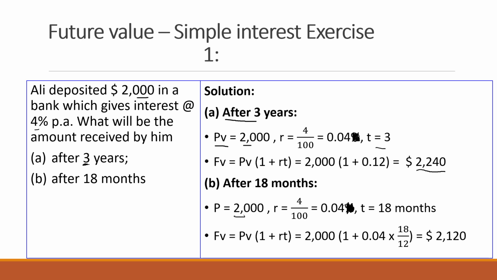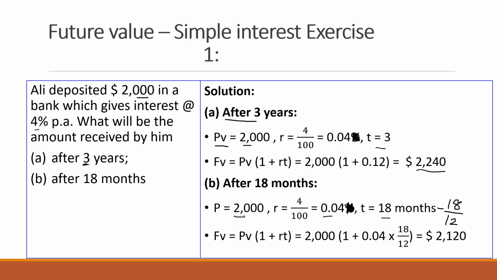My R is 4 divided by 100, that is 0.04, and my T is 18 months. We should convert it into years. It should be in years. So what we will do? We will divide this 18 by 12. It is given in months, so we should convert it into years. So you can write 18 divided by 12.